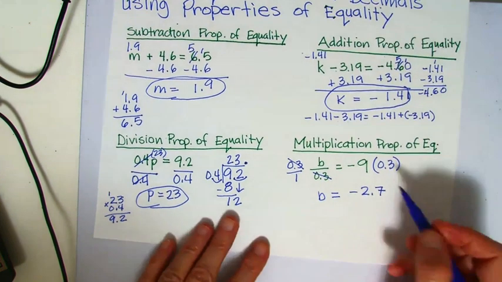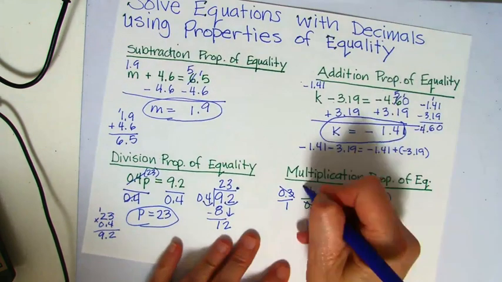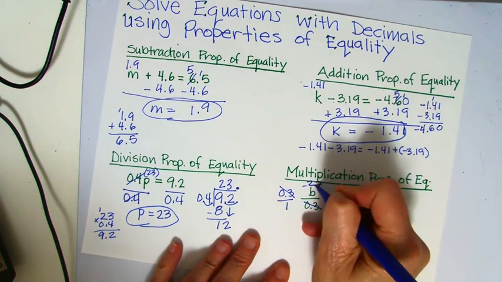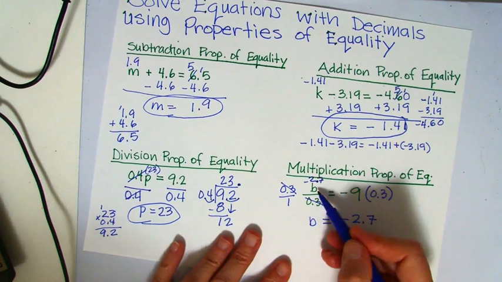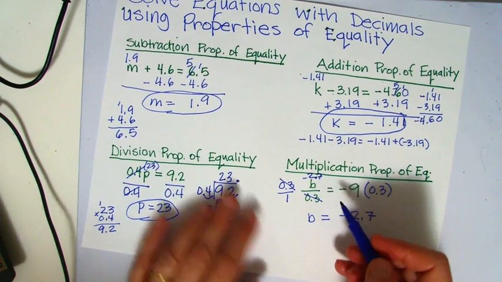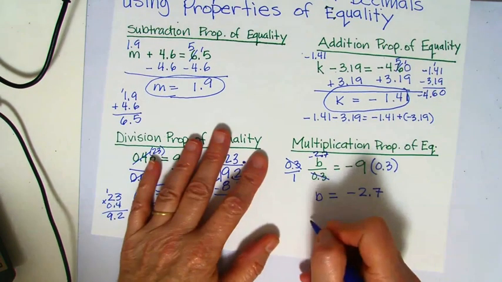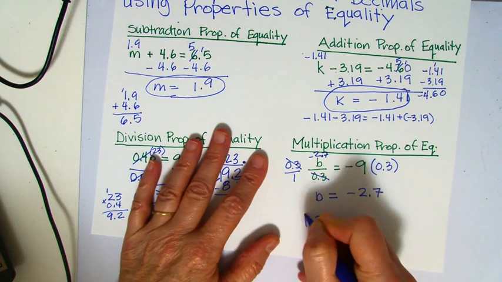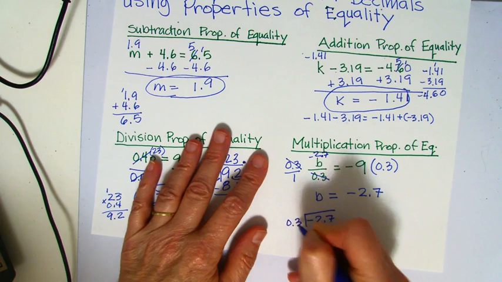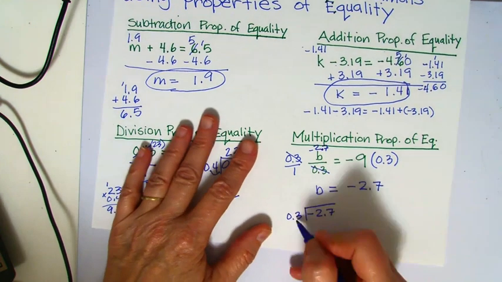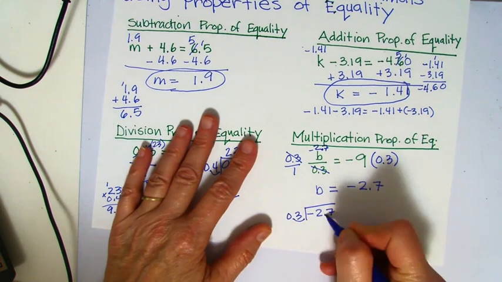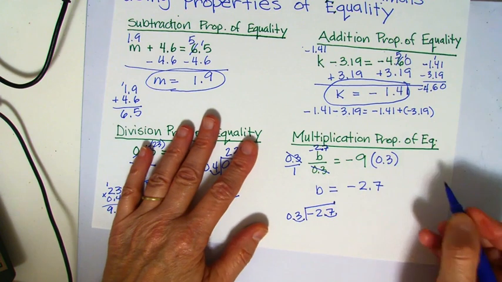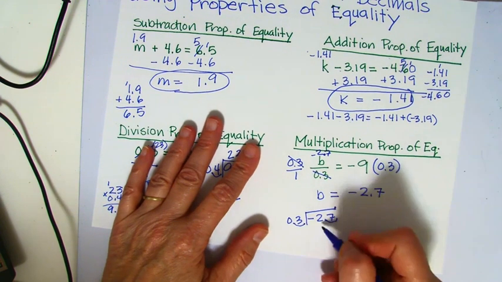Now I'm going to plug in -2.7 for B. In this case, I'm going to divide -2.7 divided by 0.3. I need to move the decimal place over one place and bring it up, and then divide.